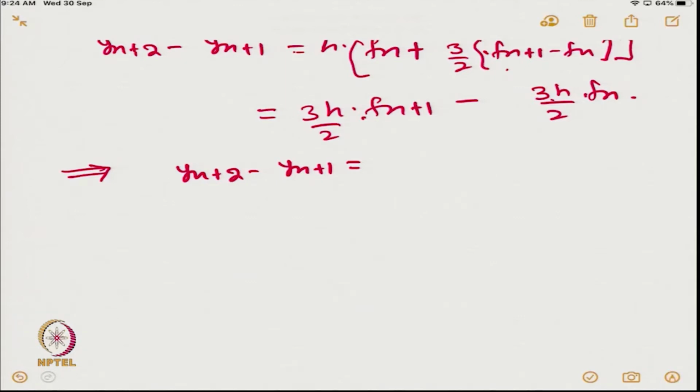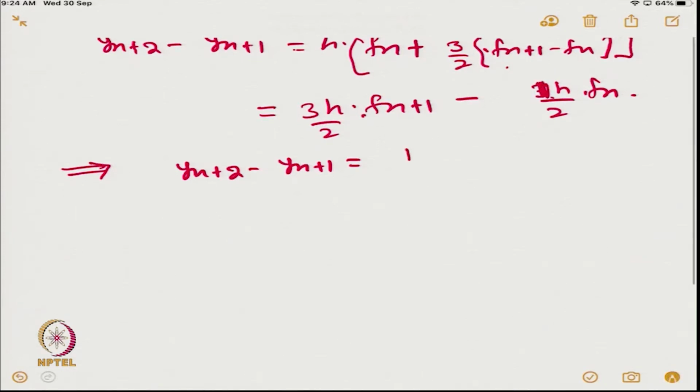Sorry, this will be 1 minus 3 by 2 minus half. Okay, so this will be h by 2 times (3 f n plus 1 minus f n).